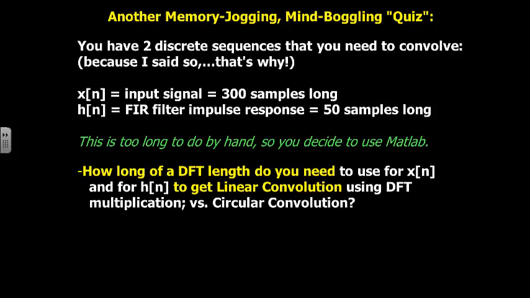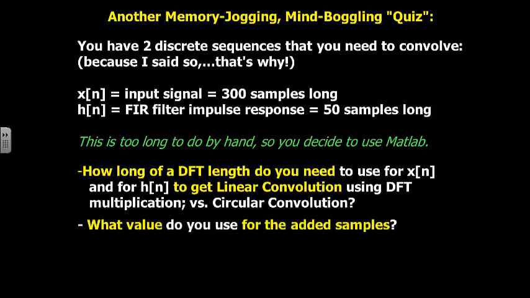Can I make it shorter? 350 works. You could do it with 349. The convolution result for two discrete time signals is going to be the sum of their lengths minus 1. And so technically, if I have 349 samples, that'd be good enough. 350 is fine.